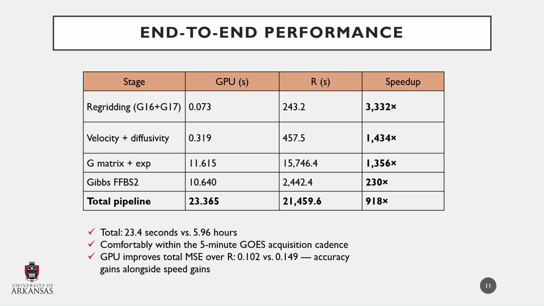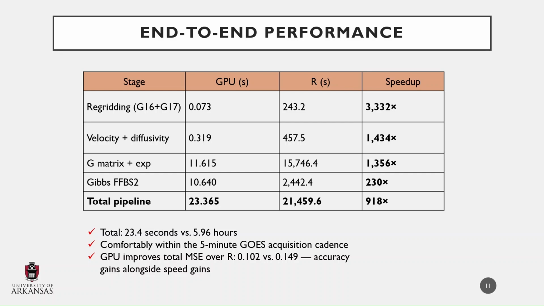The G matrix and exponential takes 11.6 seconds versus 15,746 seconds, which is 1,356 times faster. The Gibbs FFBS takes 10.6 seconds versus 2,442 seconds, which is 230 times faster. The total pipeline runs in 23.4 seconds compared to 5.96 hours in R, an end-to-end speedup of 918 times.